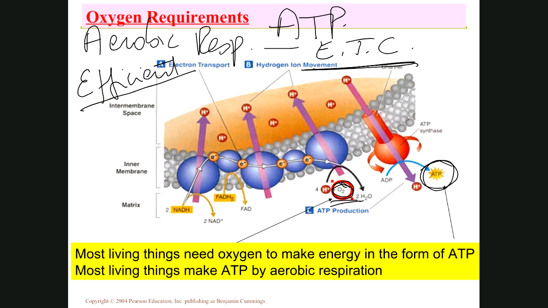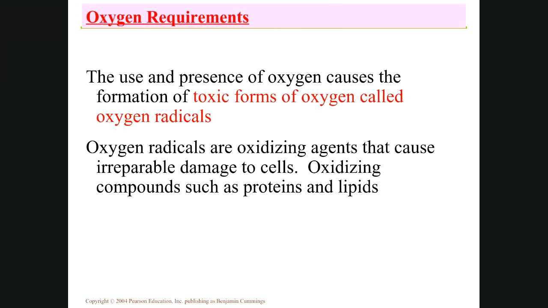The problem with oxygen, which makes us incredibly efficient, however, is that oxygen is ultimately a poison because it is an oxidizer. In biology, being an oxidizer means it robs hydrogens from molecules, and living things are loaded with hydrogens. So oxygen is going to go around oxidizing our proteins and our carbohydrates and our lipids and causing toxic damage.